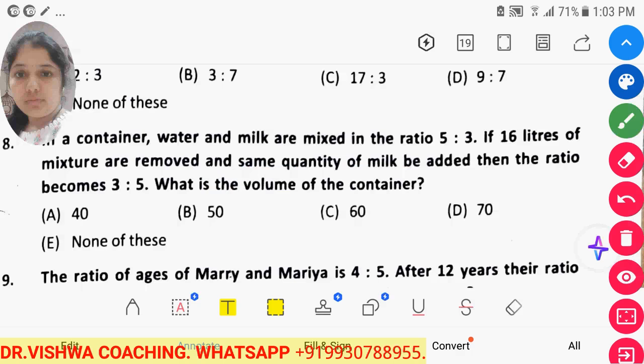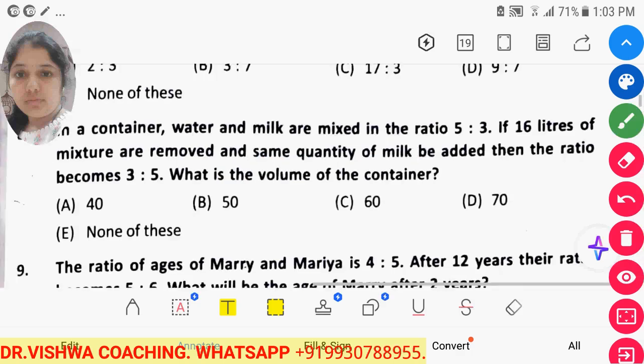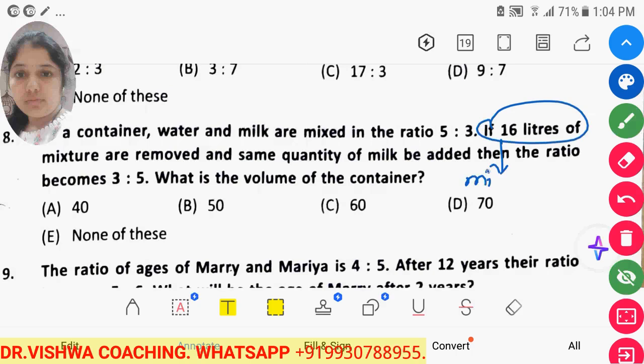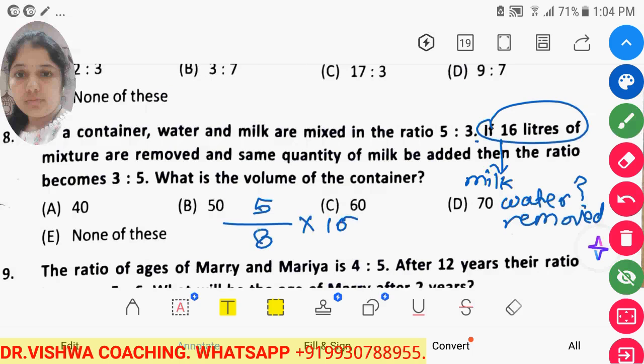Okay, so first what we have to do is, 16 liters of mixture is removed. Now see, if 16 liters of mixture is removed, we have to first calculate how much milk is removed and how much water is removed. And how are we going to calculate it? So see, they are in the ratio 5:3, means if 8 parts are there, 5 parts are of water, 3 parts are of milk. Now if in 8 parts, 5 parts are water, so in 16 parts how much water is there, we have to calculate.